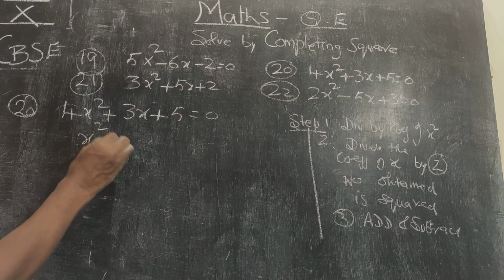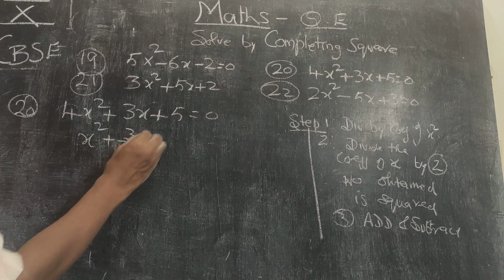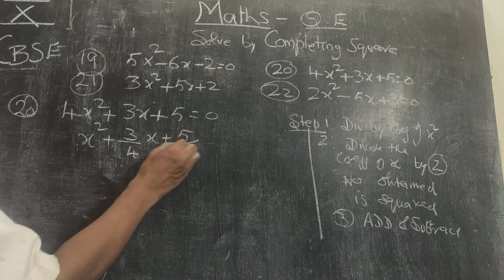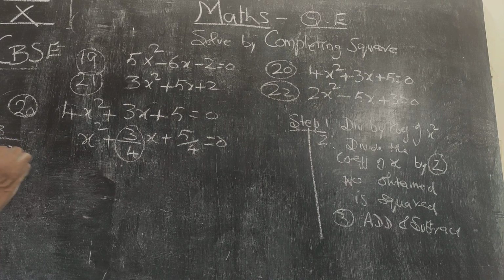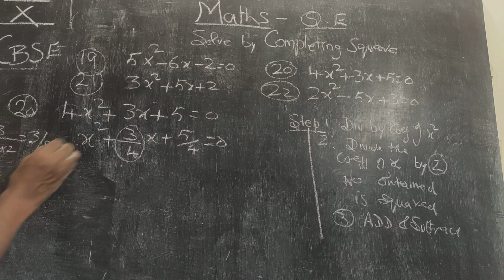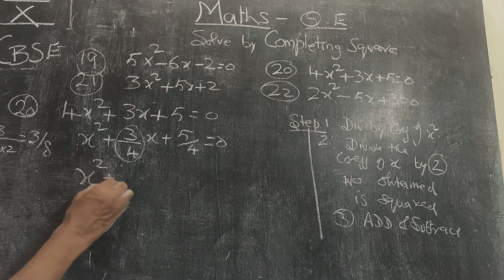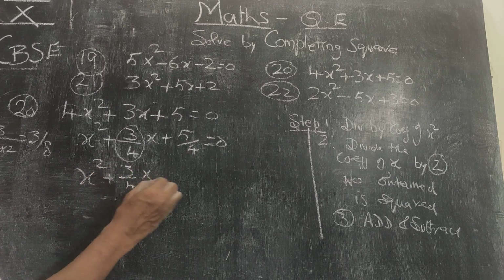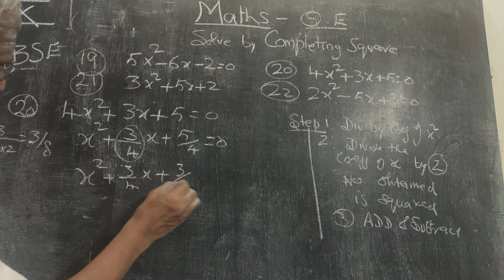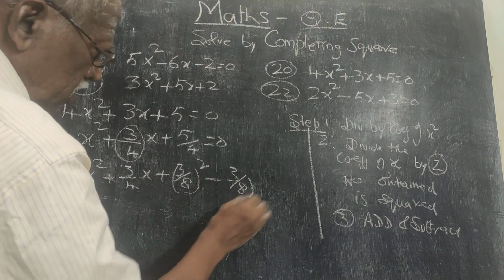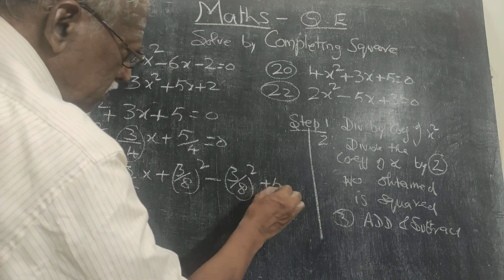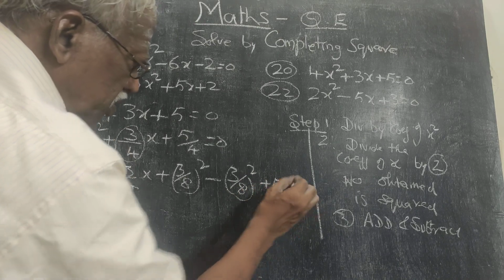So this becomes x square plus 3 by 4x plus 5 by 4 equal to 0. Then what should I do? This 3 by 4 should be divided by 2, that means 3 by 8. So square that: x square plus 3 by 4x plus 3 by 8 the whole square minus 3 by 8 the whole square plus 5 by 4 equal to 0.